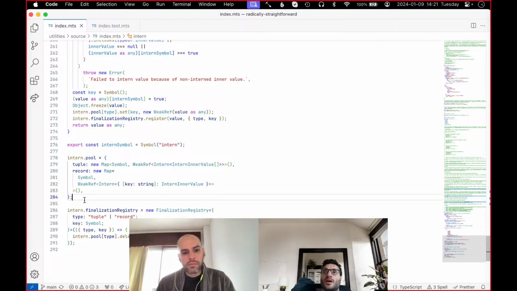So the way that I did this, I'm trying to look for my implementation, but I don't have it right now. But the way that I did it is I instead had a function called memo, short for memoize, and it would accept an arbitrary number of arguments. You would define the arguments, and then you would define the function which you're memoizing, which generally would just construct the object.